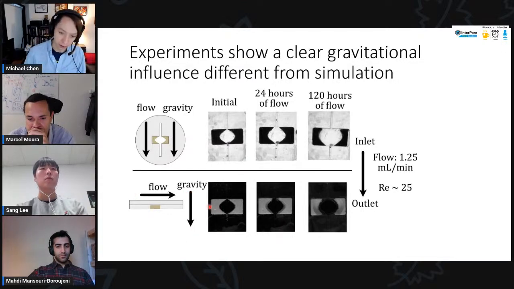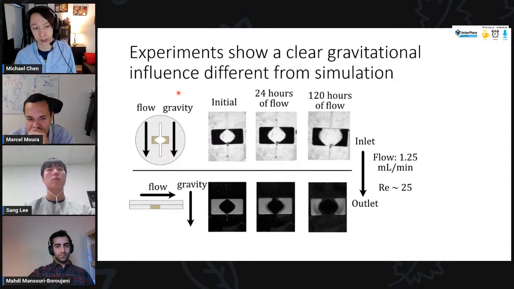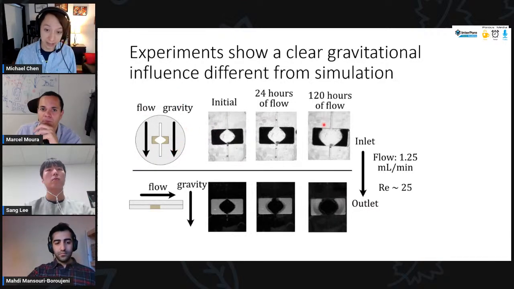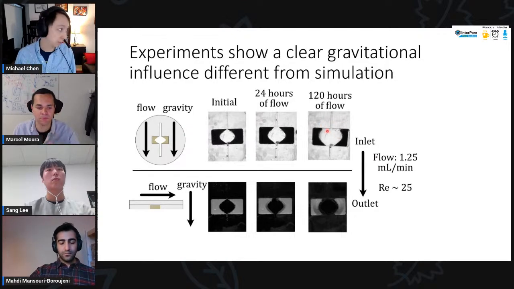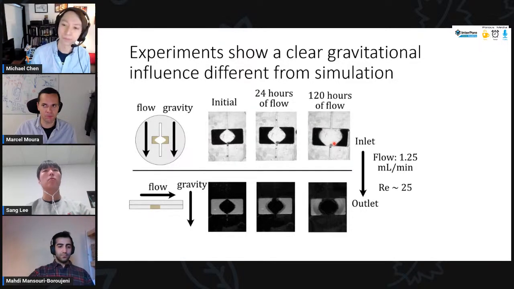You can see very clearly a strong dissolution at the top and much less dissolution at the bottom, though both fronts recede with time. If we change the orientation of the setup and we have flow parallel with gravity, what we see again is more dissolution at the top compared to at the bottom, aligning with what we expect.